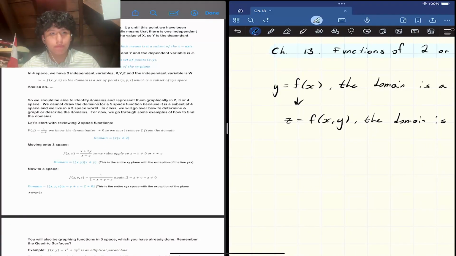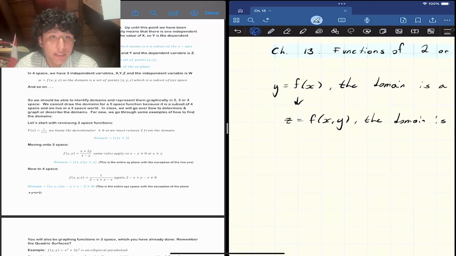So we should be able to identify domains and represent them graphically in 2, 3, or 4 space. We cannot draw the domains for a 5-space function because it is a subset of 4 space, and we live in a 3-dimensional world.